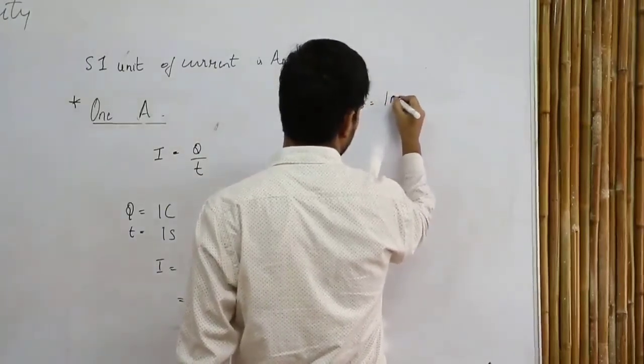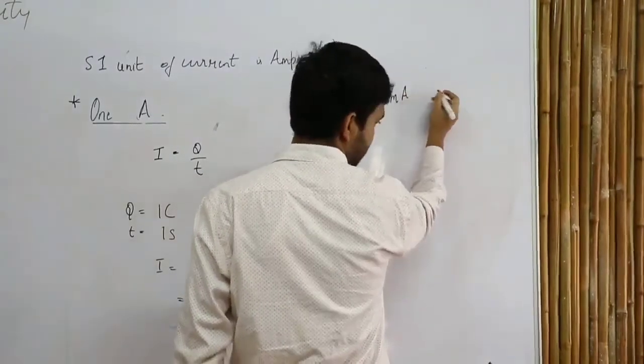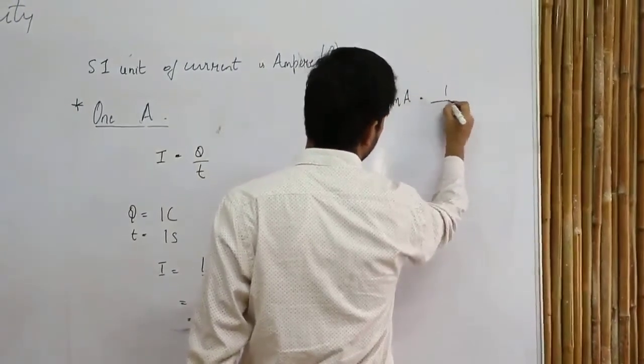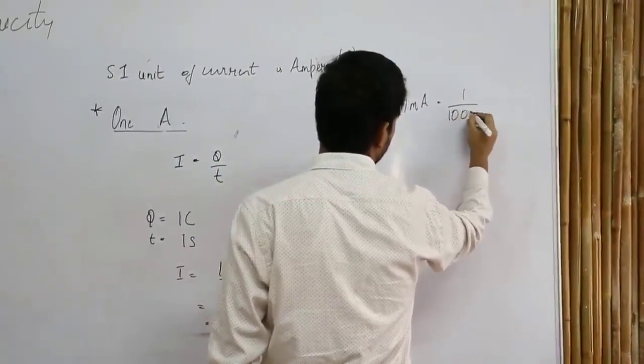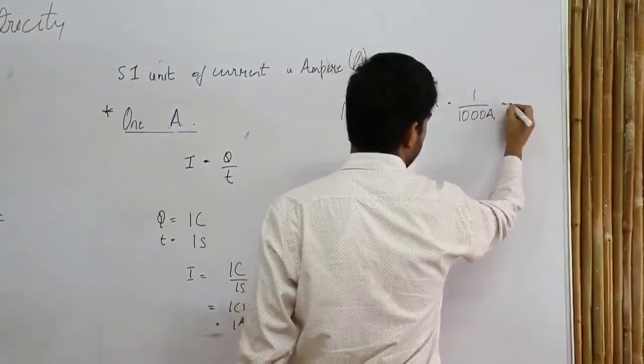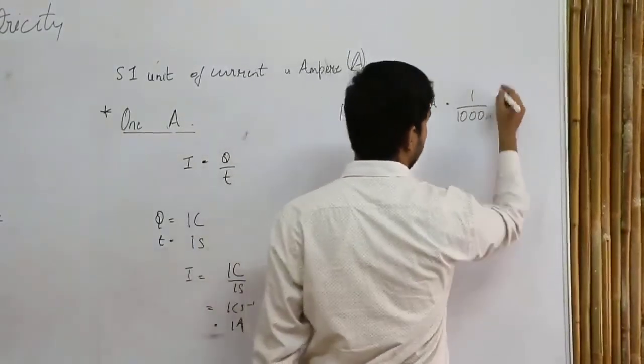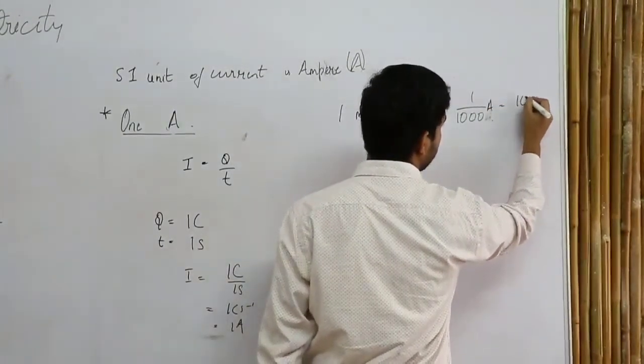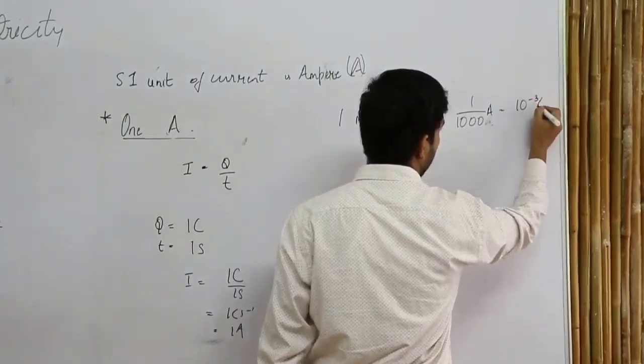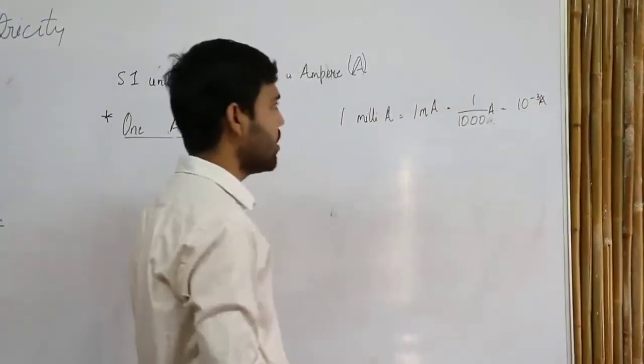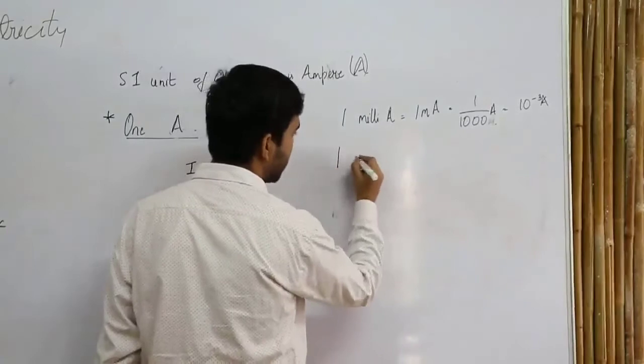I can write this as 1 mA. So this will be 1 by 1000 A, or I can also write this as 10 to the power minus 3 ampere. I have 1 microampere.